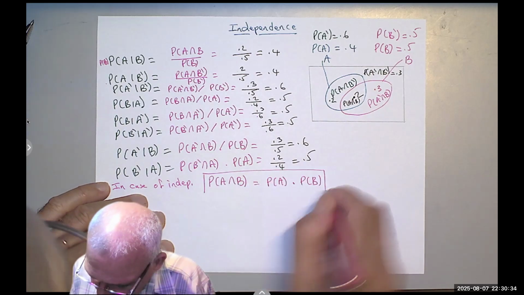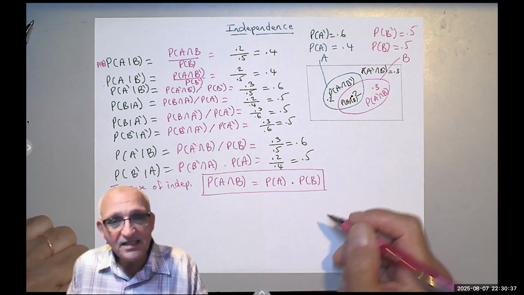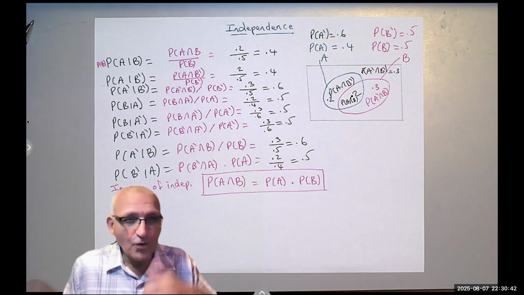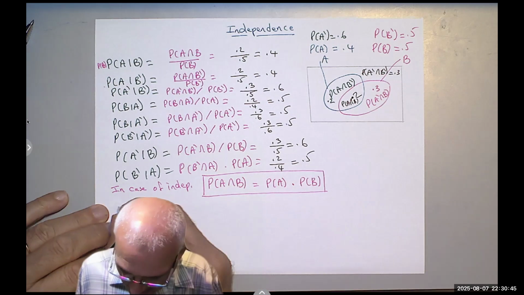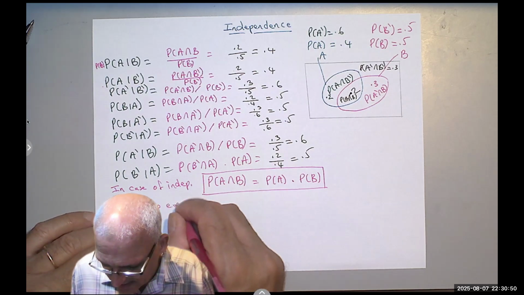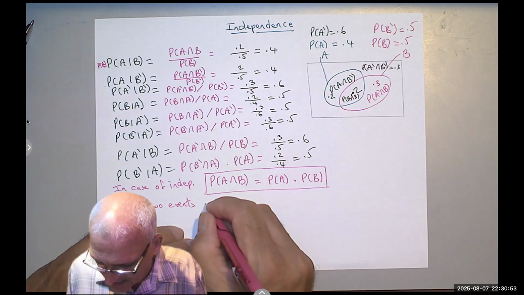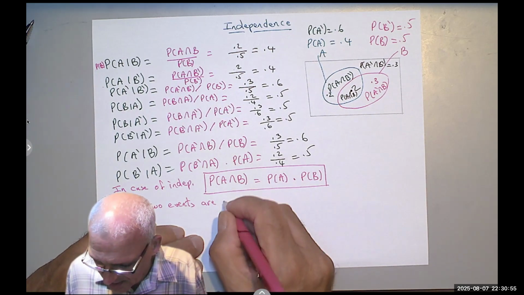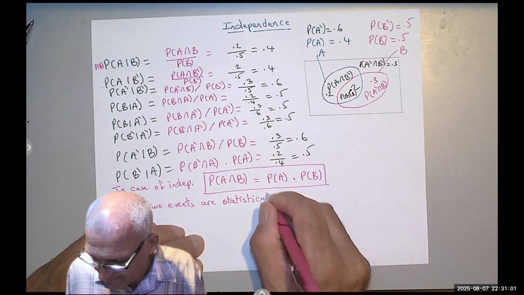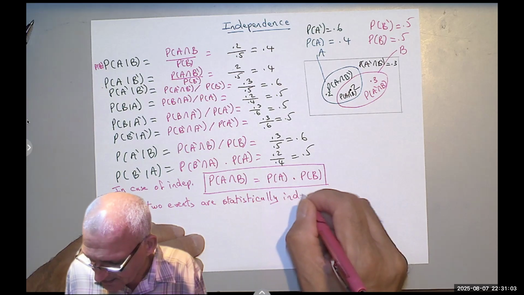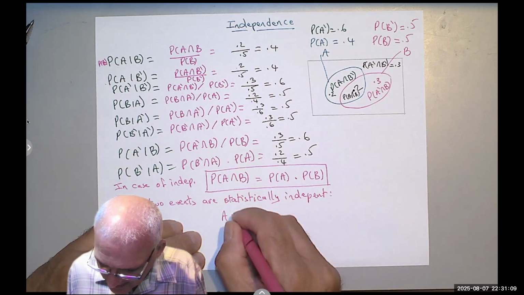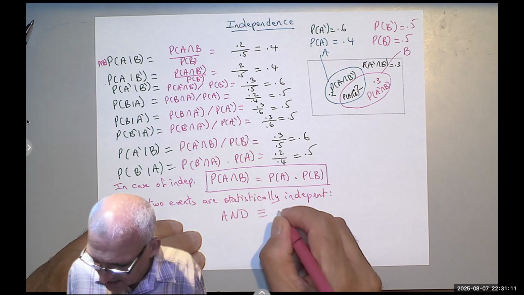And like we said earlier, if two or more events are mutually exclusive, the "or" becomes plus. Now we say if and only if two events are statistically independent, then the "and" becomes times.